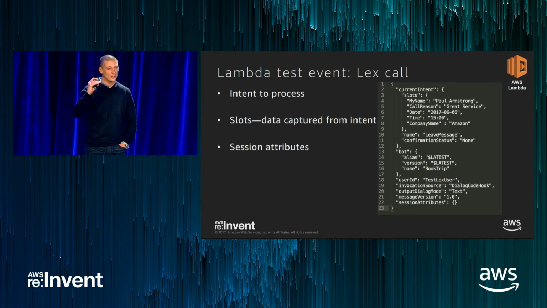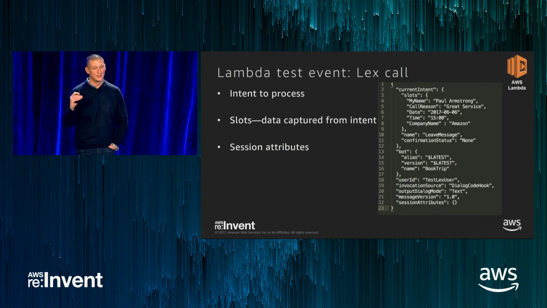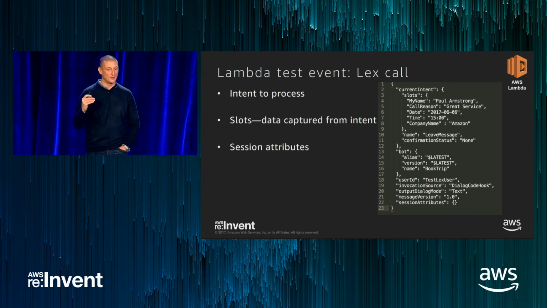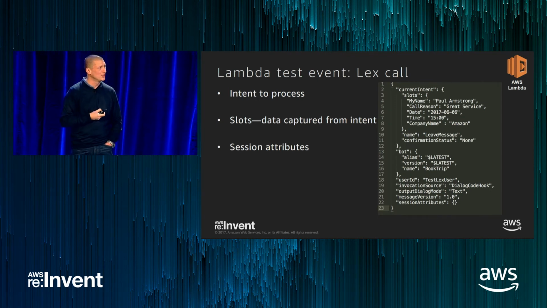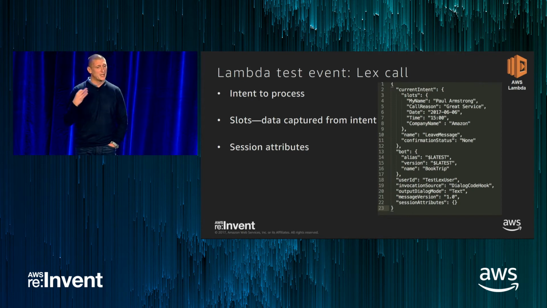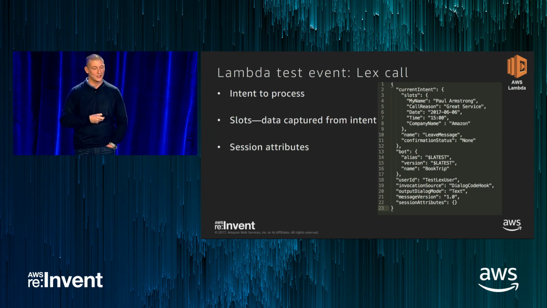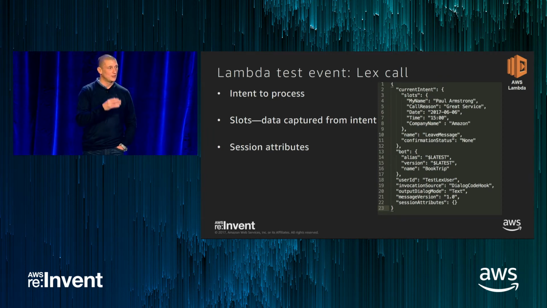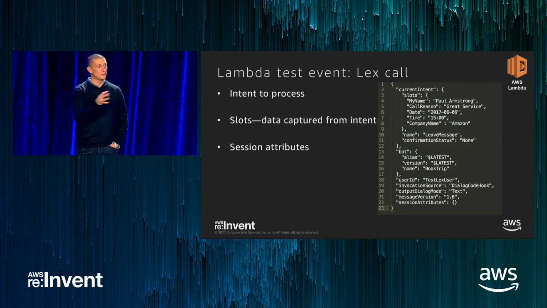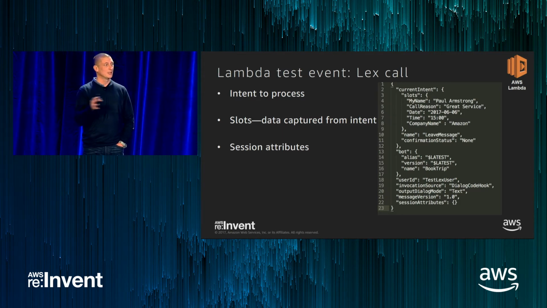It has the slot information that we're trying to capture, the name and the confirmation status, and we'll touch on what these are in more detail. It also has some information around the bot that you're interfacing with, and then some other information around user ID and session attributes.